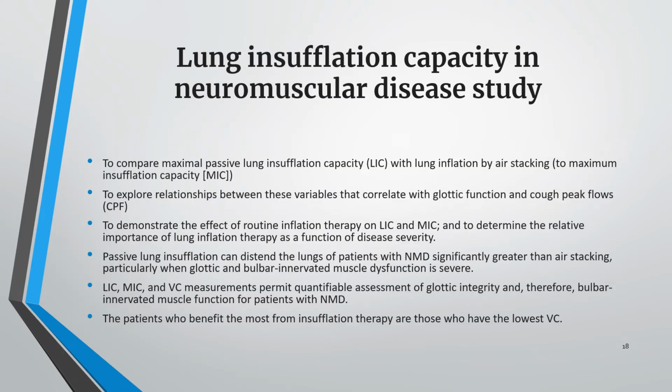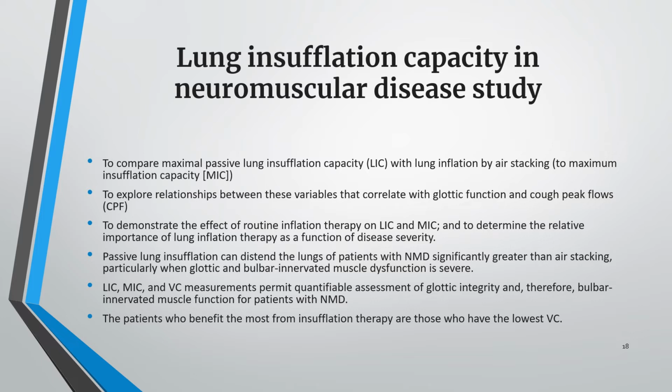So now that we learned a little bit about lung insufflation techniques, namely you have passive lung insufflation, which is basically air stacking. Then you have other lung techniques, maximum insufflation capacity, which is done with a resuscitator.